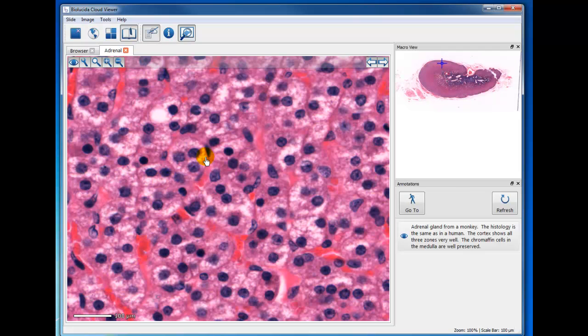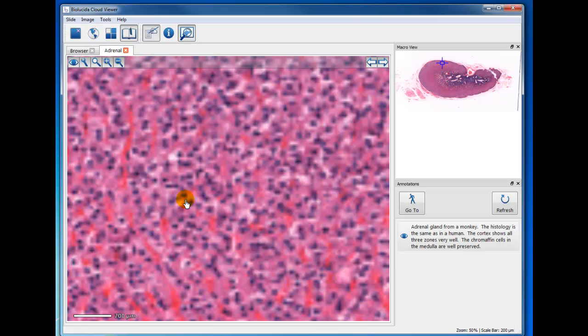And that's why in H&E preparation you see a lot of little vacuoles. So the lipid component of the glucocorticoids are dissolved out with the xylene and other organic chemicals used in the preparation.